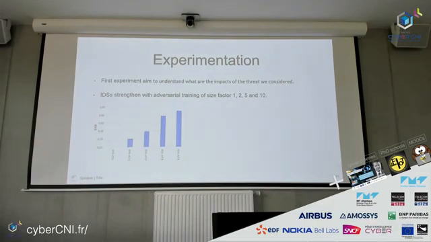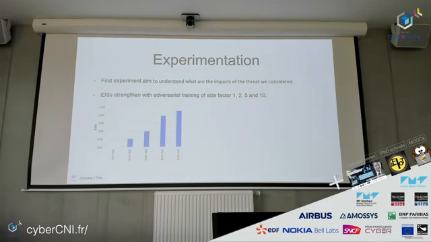For the first experiment, we want to see what is the impact of the threat we consider. We know that adversarial training scale is important with the amount of resource spent. So when we want to see the impact of the threat, we need to compare the impact on different levels of resources.